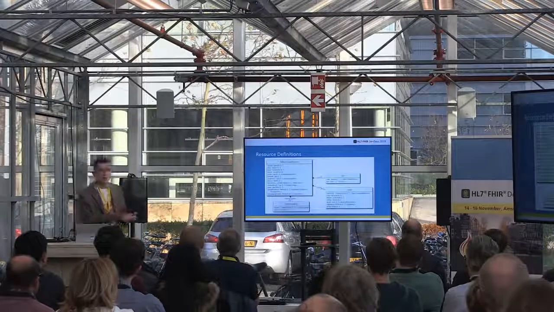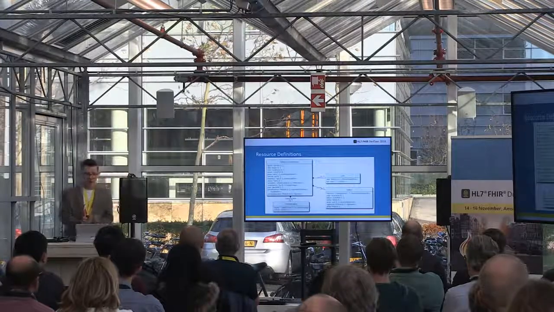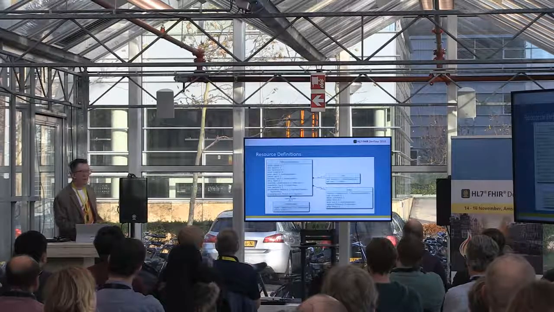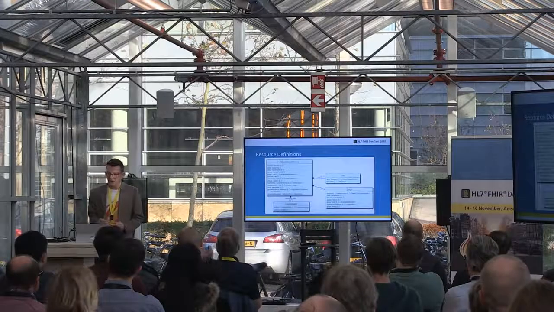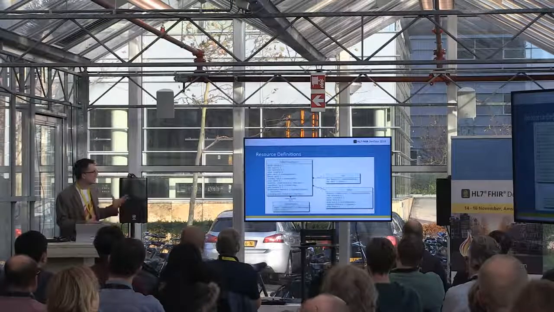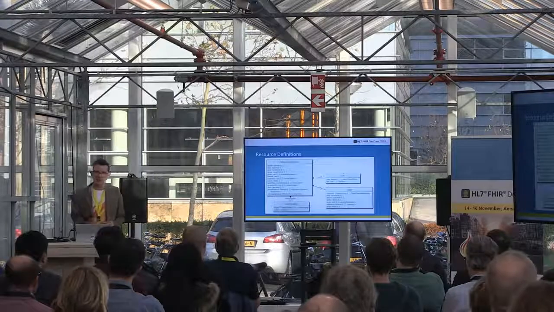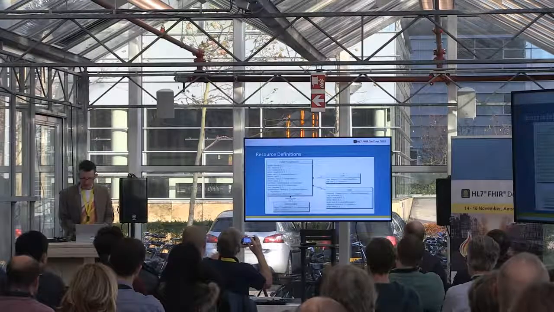You can get your head around it. It's one page. What's that, maybe 25, 30 fields, something manageable. And that's the current proposed normative version of patient going forward. So this is the kind of size and shape of things. It's something you can deal with.